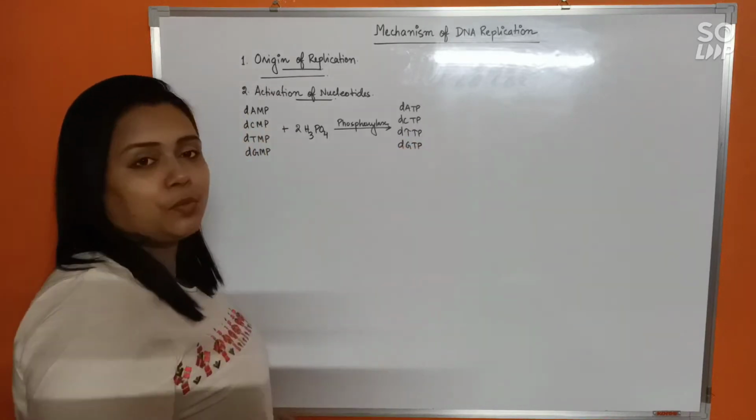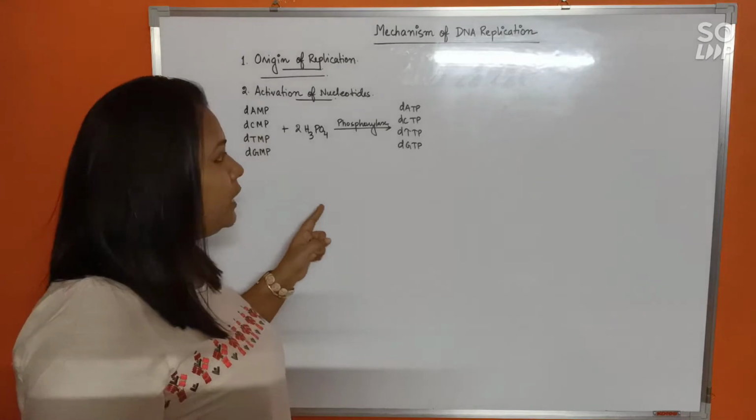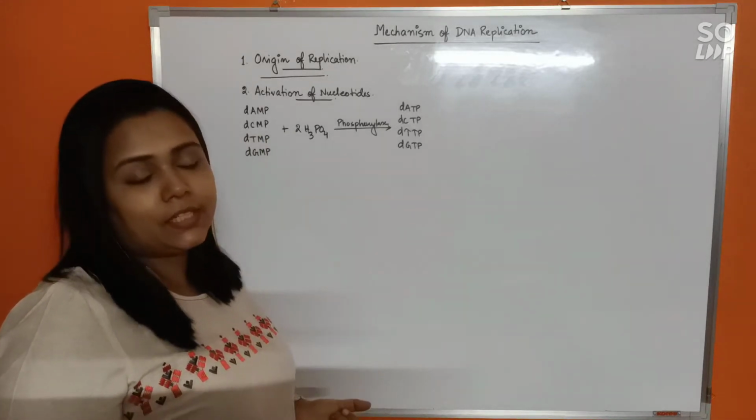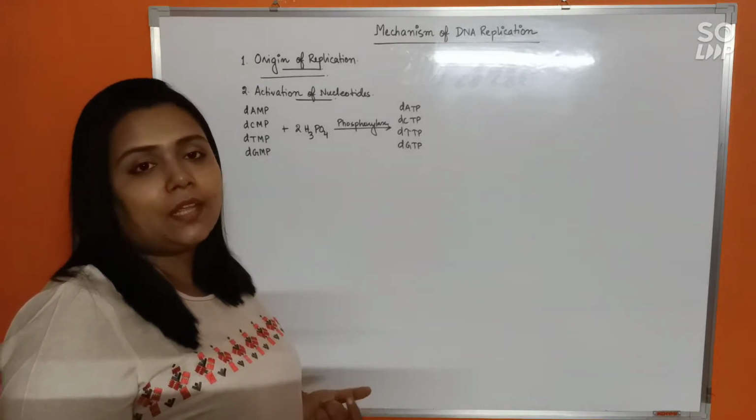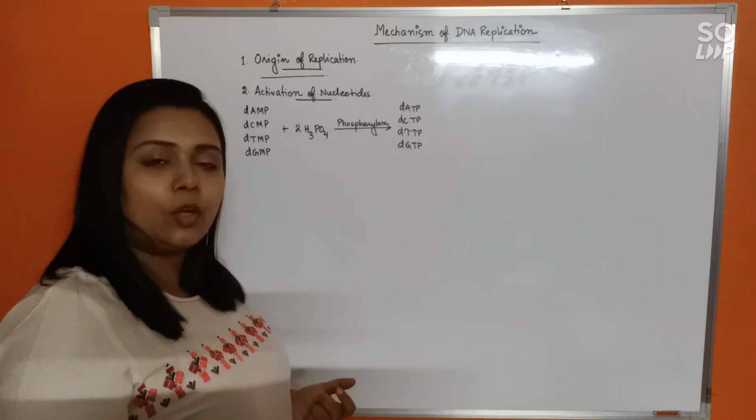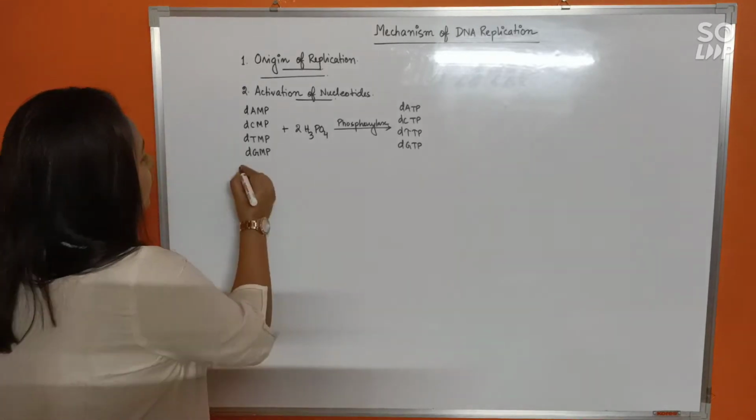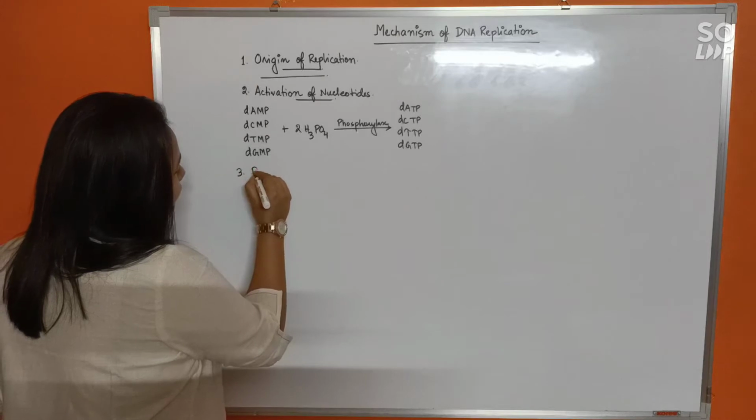Two phosphate groups will be added to the nucleotides to make them activated and to be participating in the process of DNA replication.